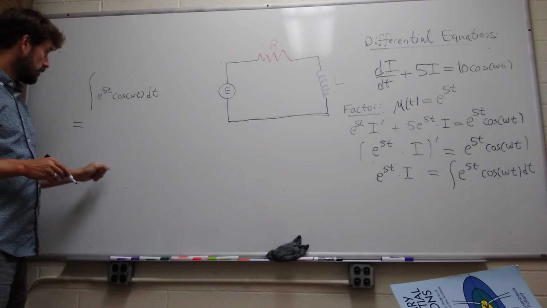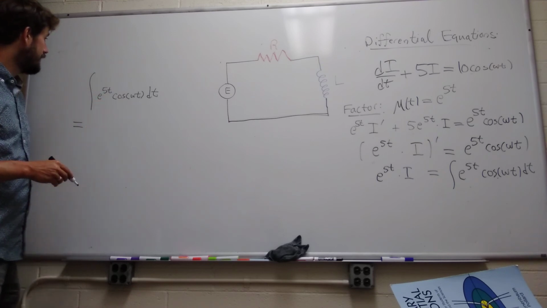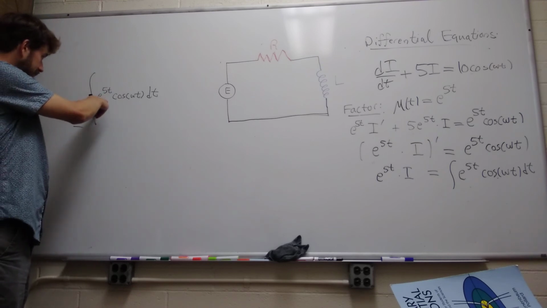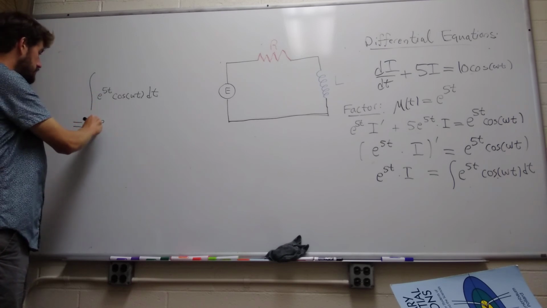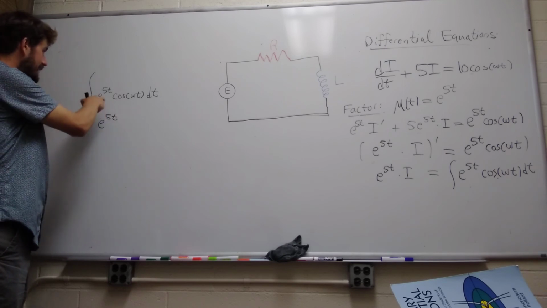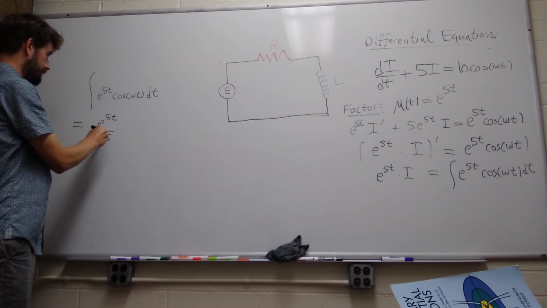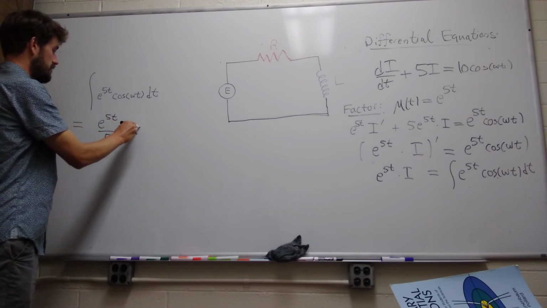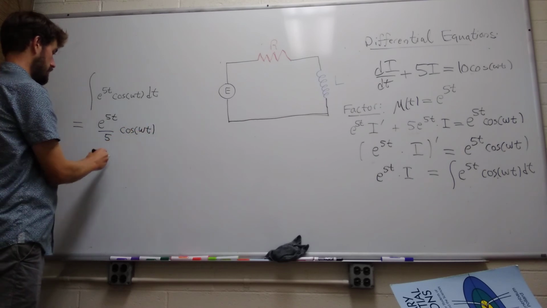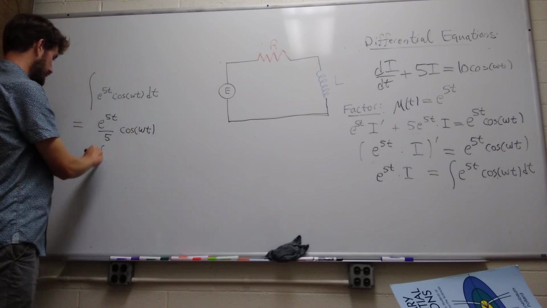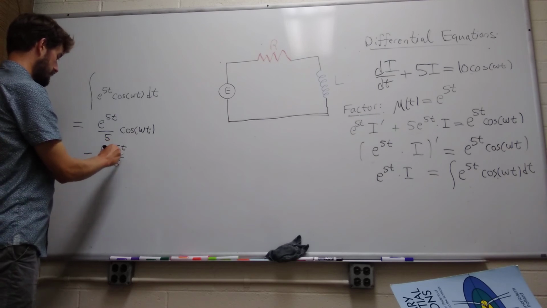So it doesn't really matter which one you choose here. Let's just say we pick our factor as being e to the 5t. So we anti-differentiate this, e to the 5t over 5, with cosine omega t alone, and then subtract the integral of e to the 5t over 5.